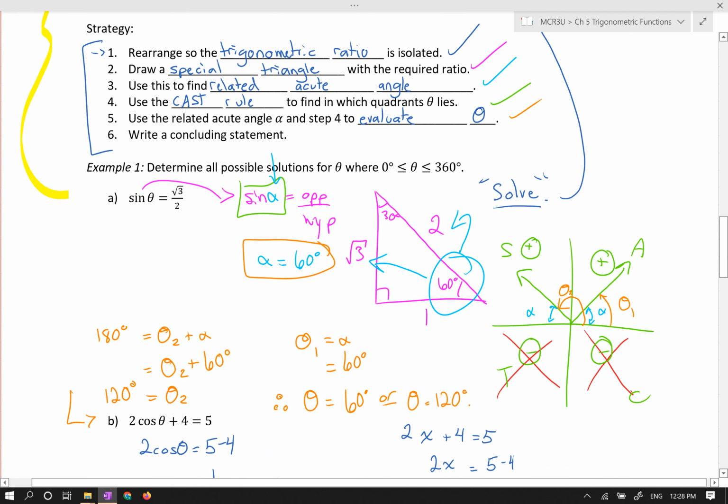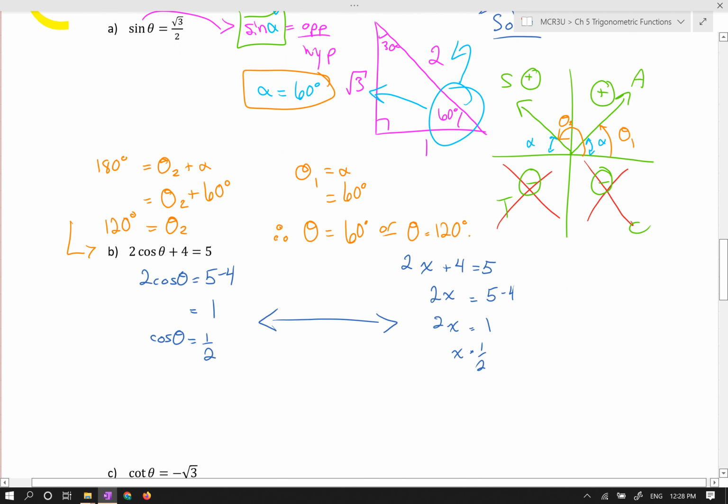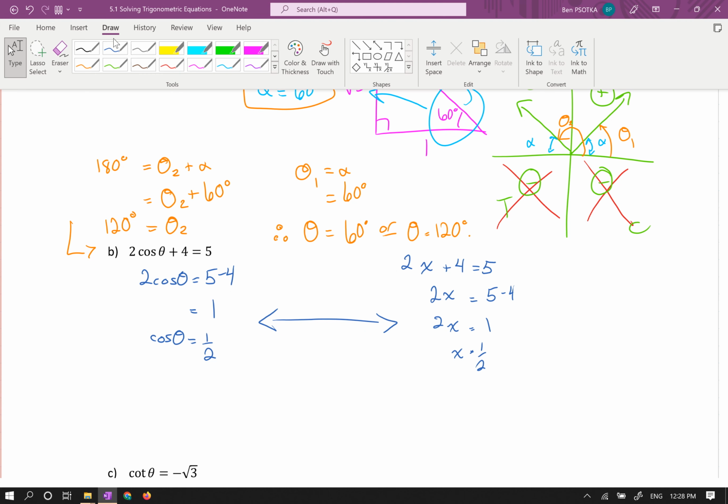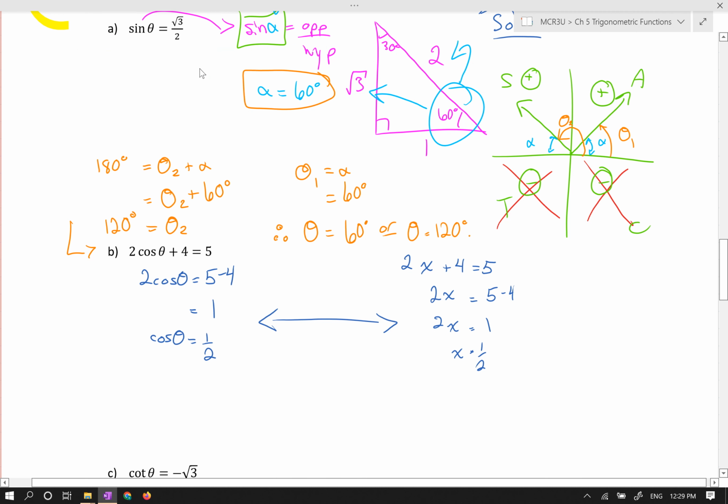We want to next draw the special triangle with the required ratio. So I need to draw a special triangle that has 1 and 2 as its side lengths. And what kind of side lengths? Well, I know I'm working with my cosine of theta, and really it's going to be alpha that we're finding, right? The cosine of alpha is going to be equal to my adjacent side divided by my hypotenuse.